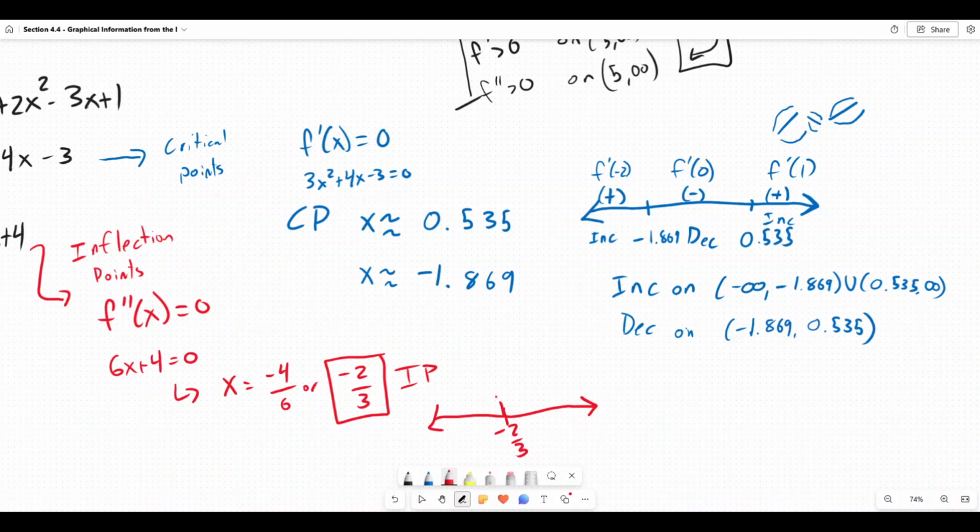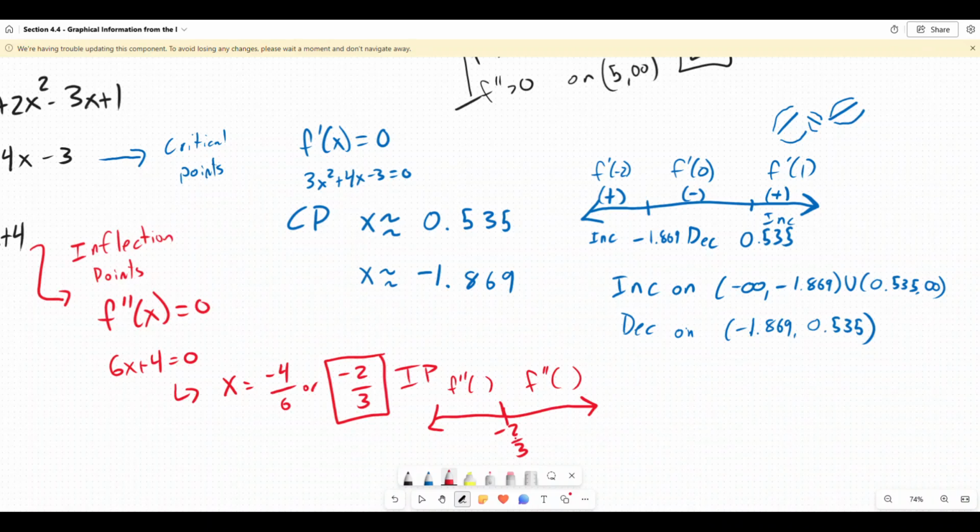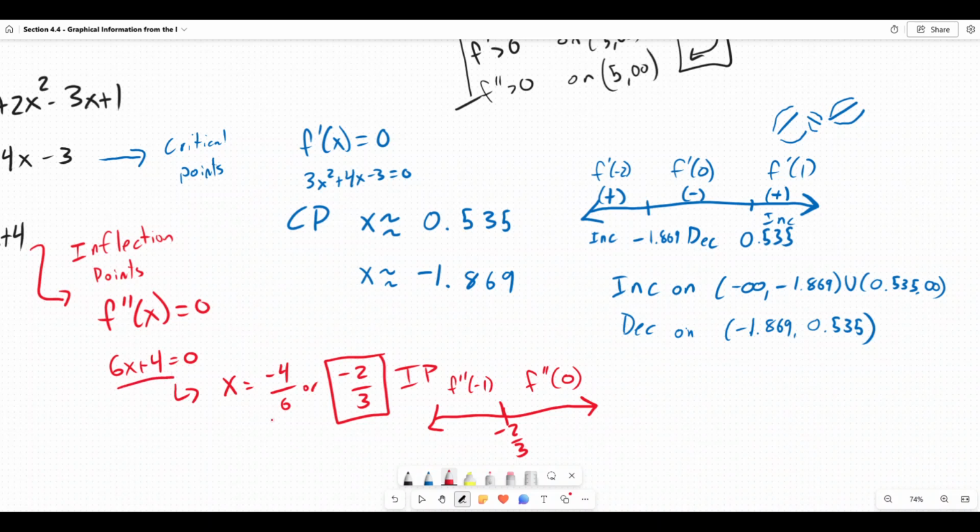Here's negative 2/3. We're going to plug these into the second derivative. So something larger than negative 2/3, I'll call it 0. Something less than negative 2/3, I'll call it negative 1. And again, we're plugging into the second derivative. This is 6 times negative 1 plus 4. I'm going to get negative, which means it's concave down.